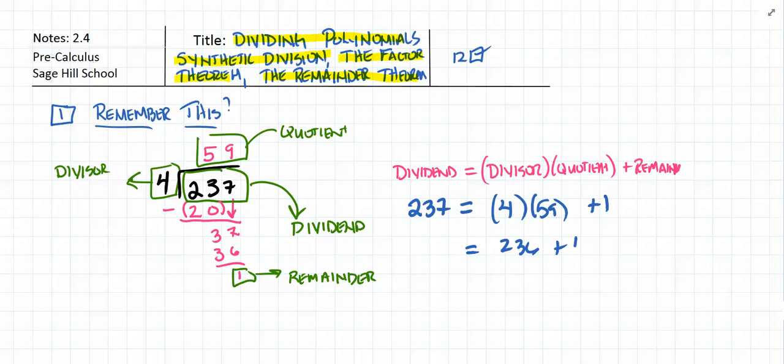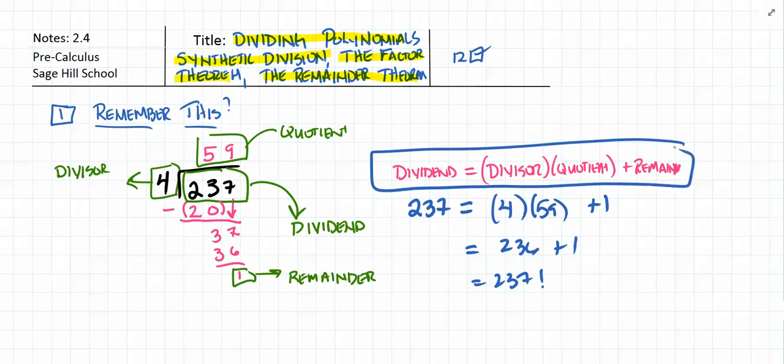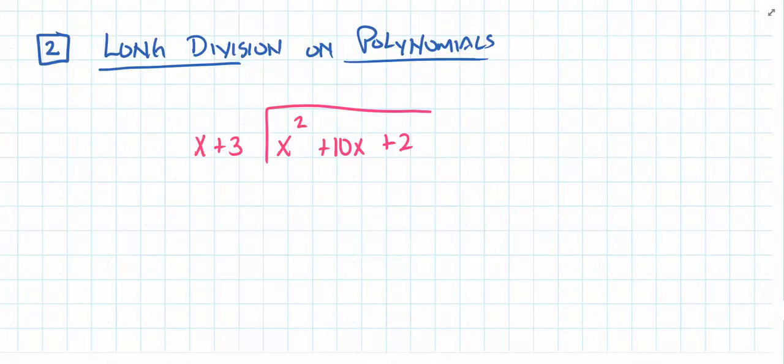Of course, we get 237. I want to point out to you that this is also going to work for polynomials. If it works for our numbers in here, it's going to work for polynomials as well. So when you are working with polynomials, this relationship still holds true. Okay, so we have long division on polynomials.